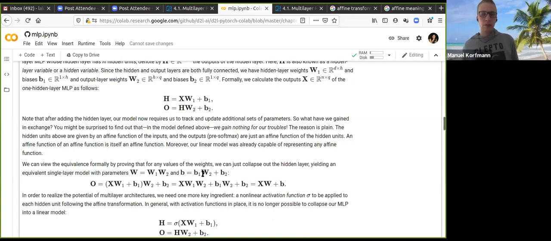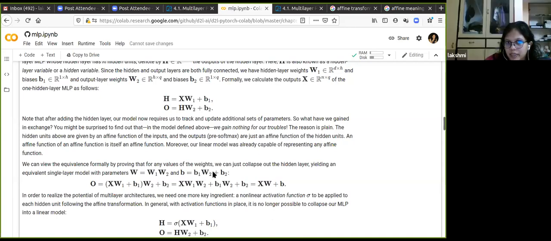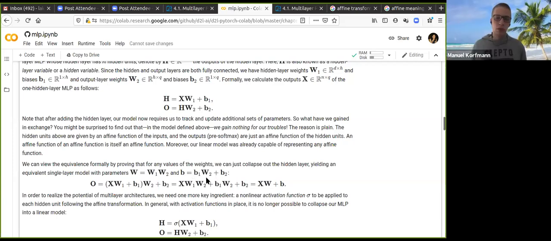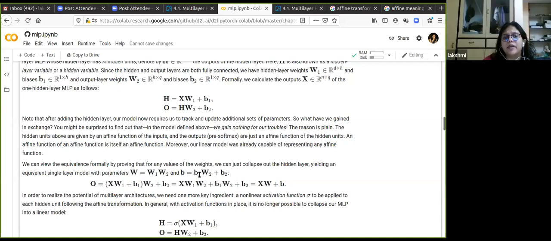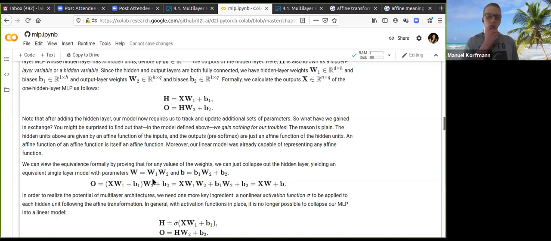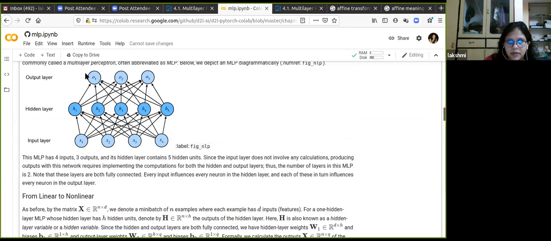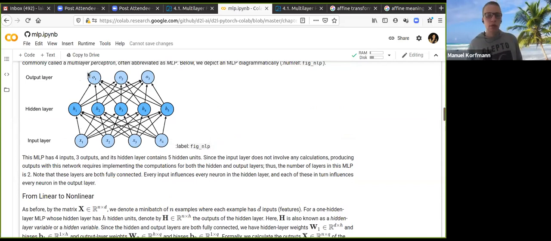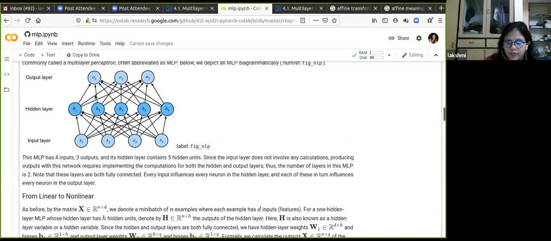So instead of B1 plus B2, B is actually a combination. The weight is W1 into W2. If you see here, this is W1 and this is W2, so what we receive here will be W1 into W2.